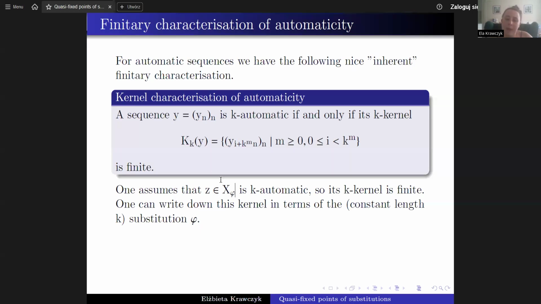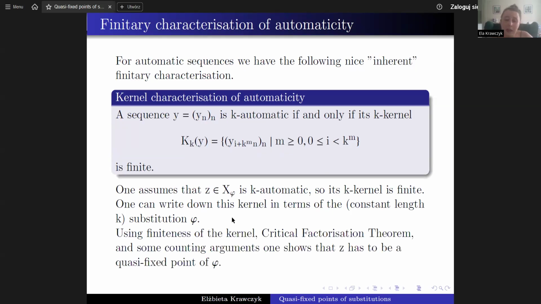Because the base of my sequence Z is k, which is also the length of the substitution, you can write the elements of the kernel of the sequence Z very nicely in terms of this substitution.